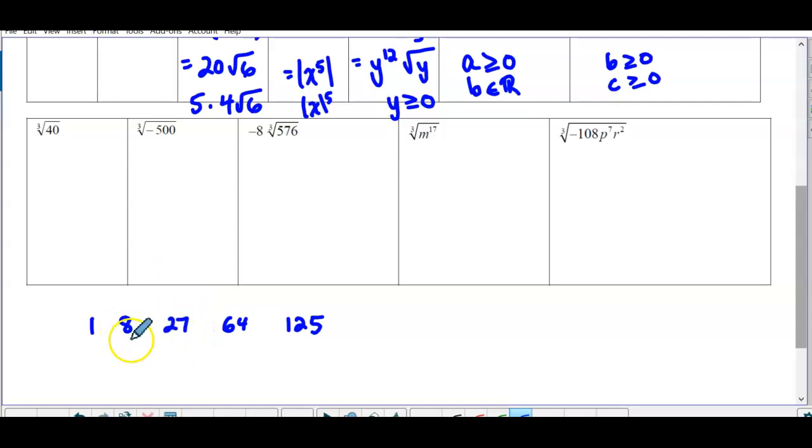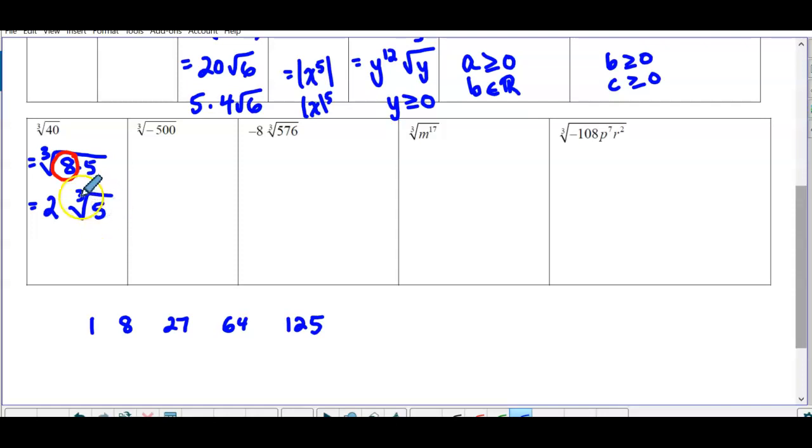The biggest perfect cube that's a factor is 8. So here, I'm going to split this up into 8 times 5. And then the perfect cube gets to go out on the weekend. And so then that's 2. Cubed root of 8 is 2. And we're left with cubed root of 5.